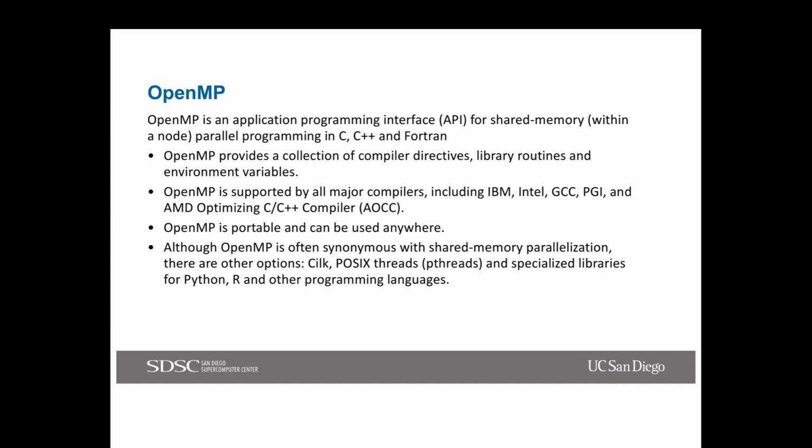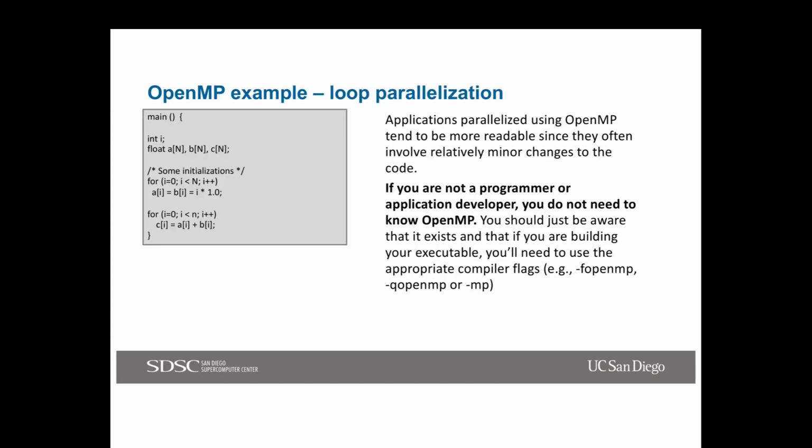That's the basic strategy, and that's what the example here will show, right? You have a simple program here on the left that is just going to initialize some arrays, A and B, and then add them together into array C. Now, this is the serial implementation.